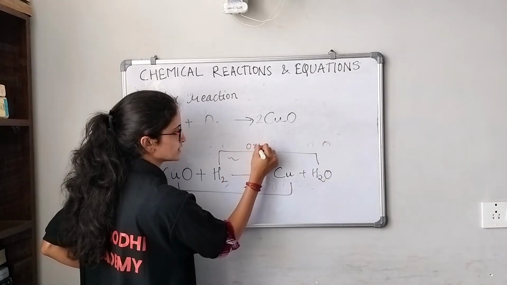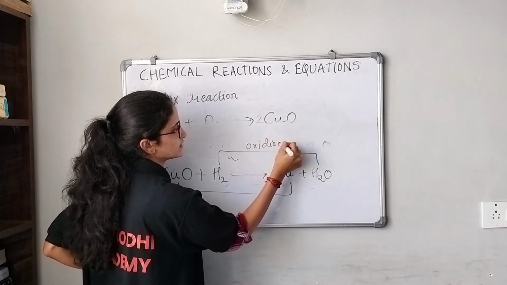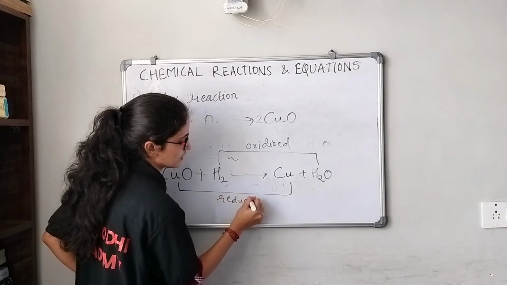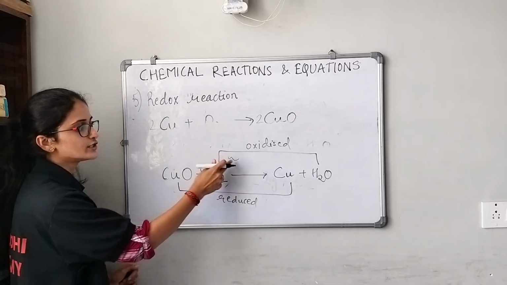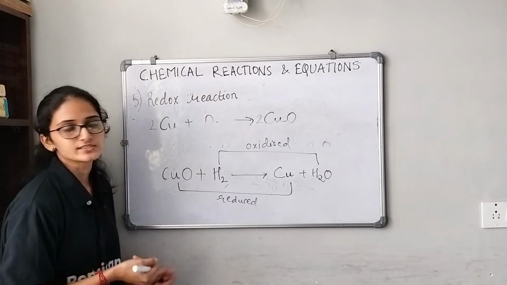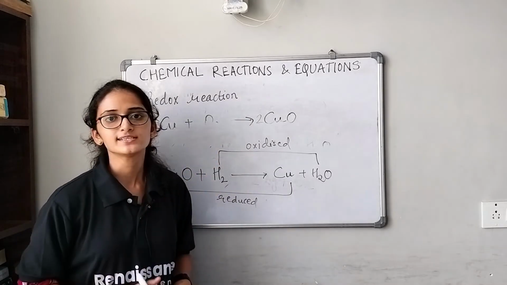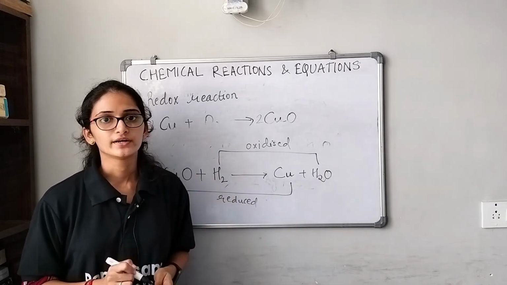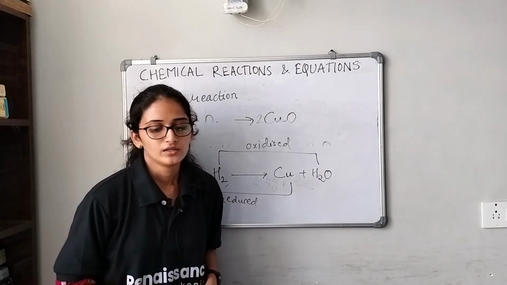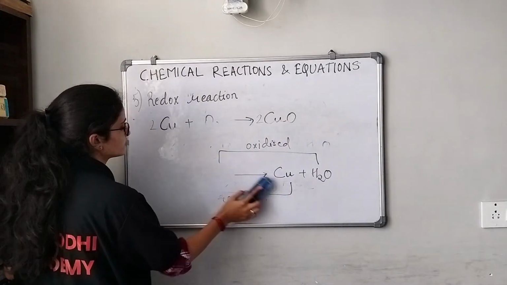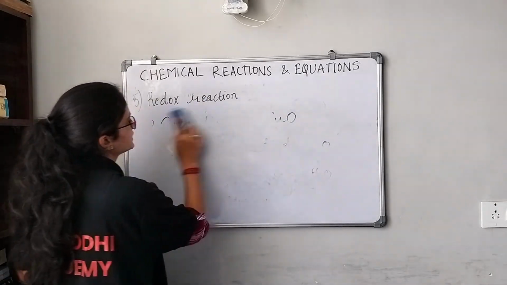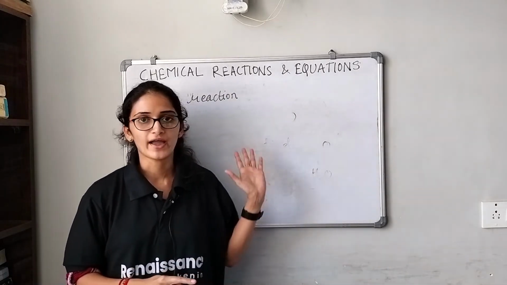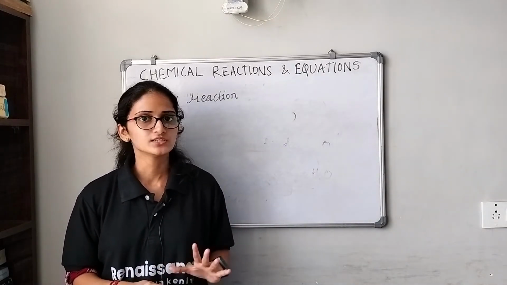So hydrogen is getting oxidized here and copper is getting reduced here. Two reactions are taking place, so we can call this a redox reaction. This was all about the redox types of reaction. We have now seen the 5 main types of reactions in this chapter.